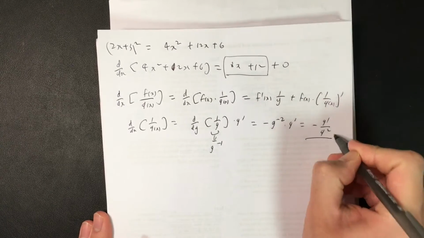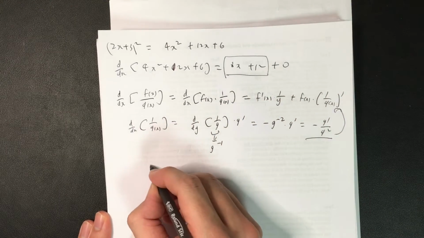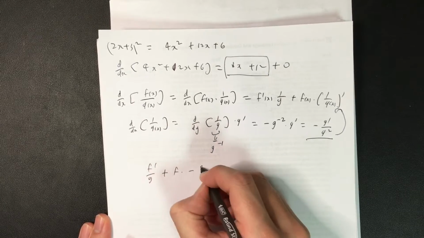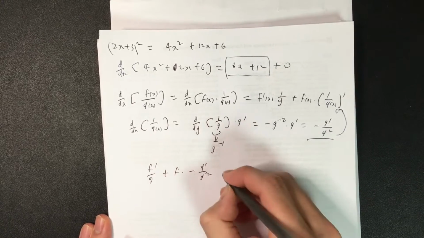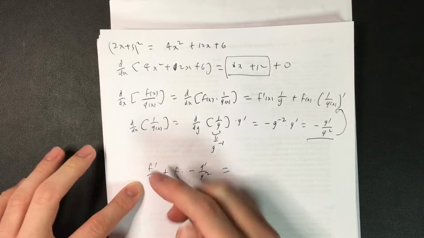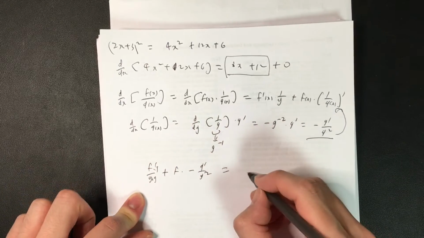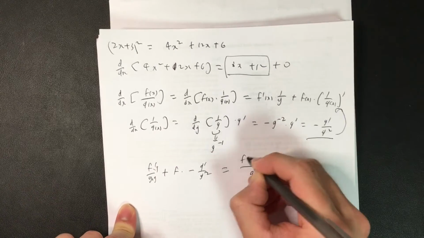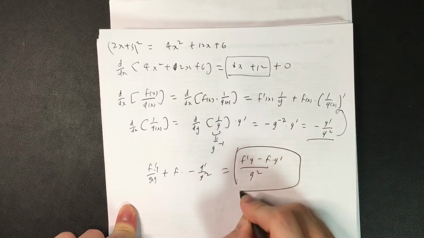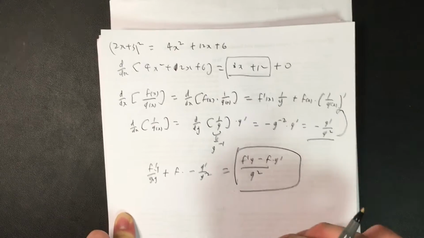Now, if I plug this value back into the quotient rule expression, that would become f prime over g plus f times negative g prime over g squared, in which if I multiply g on both the denominator and the numerator here, then this becomes (f prime g minus f times g prime) over g squared, which is the form that you learn in school of what the quote-unquote quotient rule is.